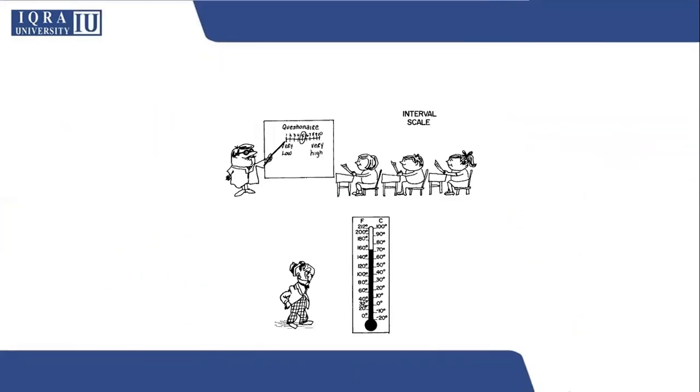These are examples of interval scale. You must have seen this questionnaire in the form of Likert scale. So the difference between these two numbers is equally the same as the difference between these two numbers, right?